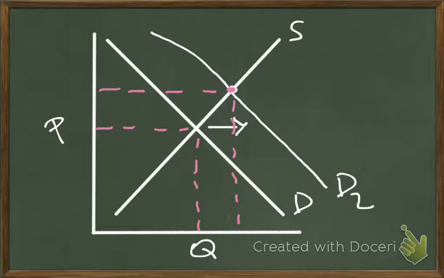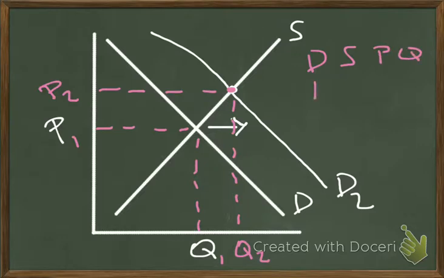It would increase our price, we'll say from P1 up to P2, and increase our quantity from Q1 to Q2. Our result would be the following. It would be an increase in demand. Our supply does not change, and both price and quantity increase. That is an increase in demand.